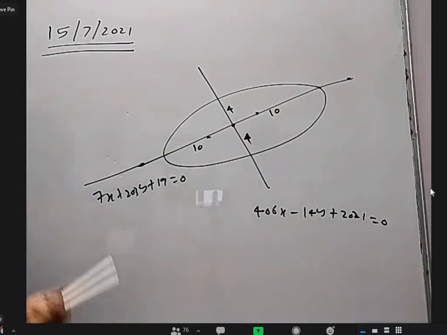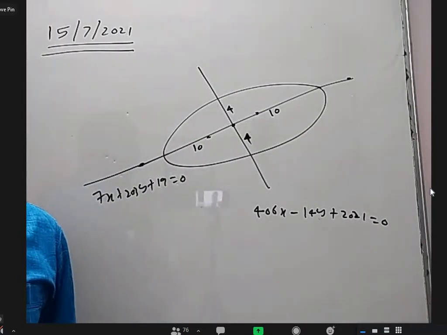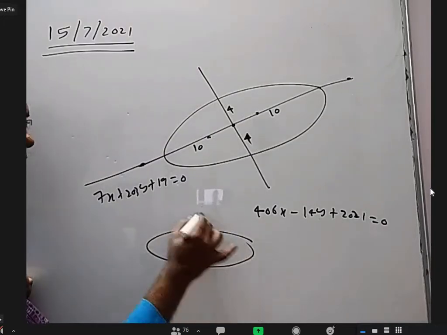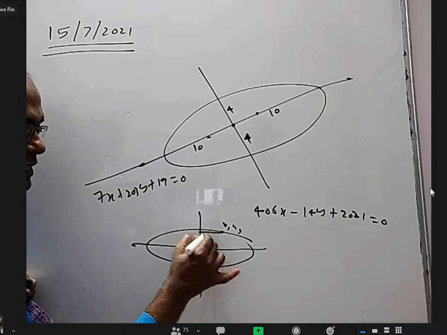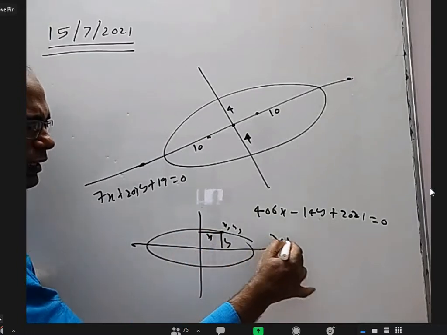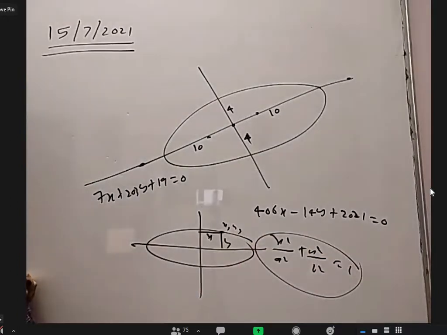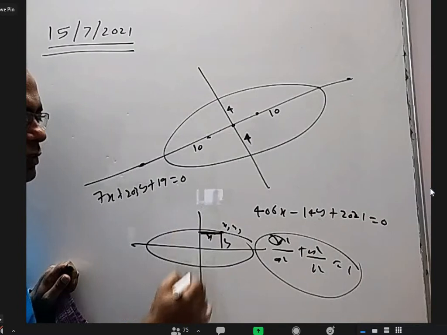This method is like what we discussed in parabola, the new definition of parabola. In the end, like that, this is a new definition of ellipse. What is that? When you take a standard ellipse, take this point as x comma y. This distance is x, this distance is y, and x square by a square plus y square by b square equal to 1. How to explain this? x means the perpendicular distance to this line, which is the minor axis.